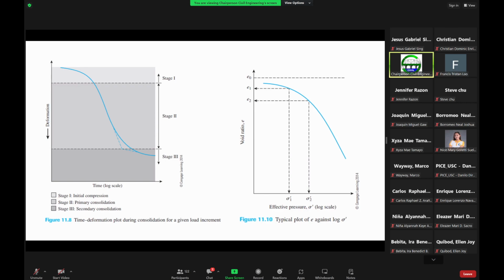The over consolidation ratio will tell you if you are having a normally consolidated clay material, for example, or an over consolidated clay material. And the consolidation settlement formulas for these two are quite different, between a normally consolidated clay and an over consolidated clay material.